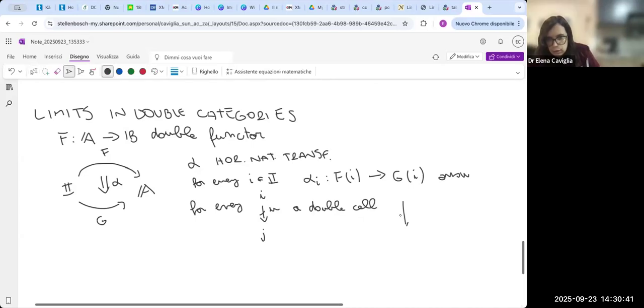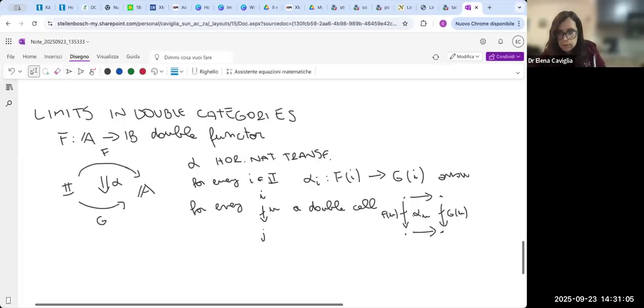So it's going to have F of U as domain pro-arrow. It's going to have G of U as codomain pro-arrow. And it's going to be a double cell like this. And we call it alpha U. Okay, so it's associated to U.